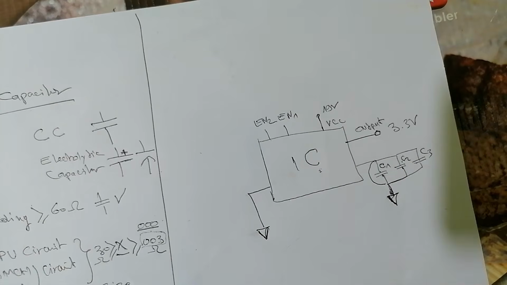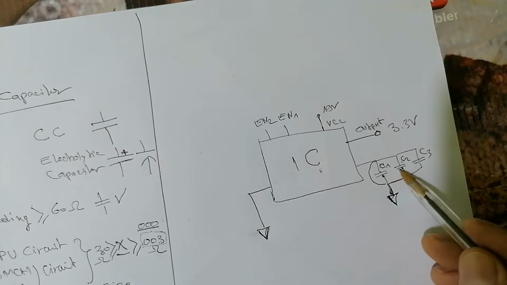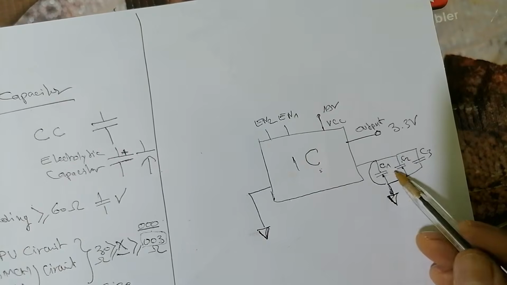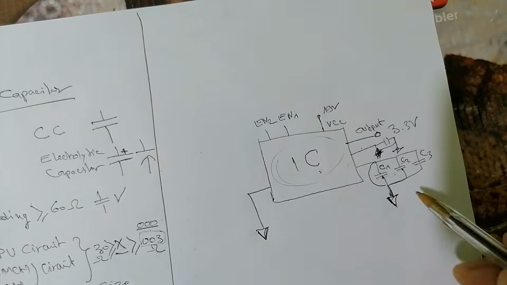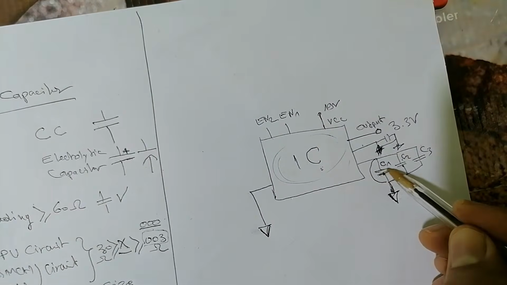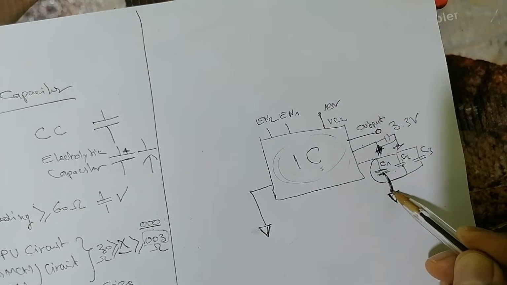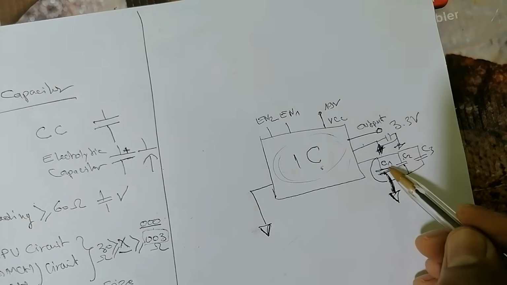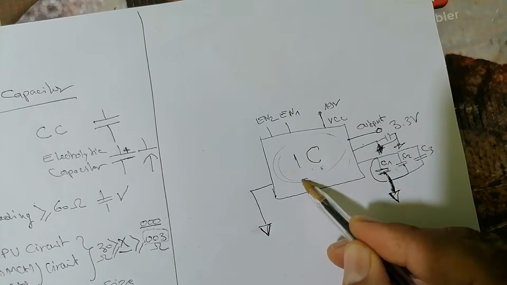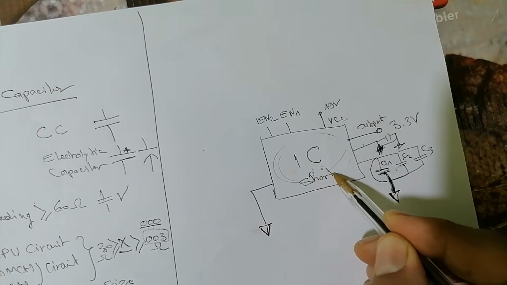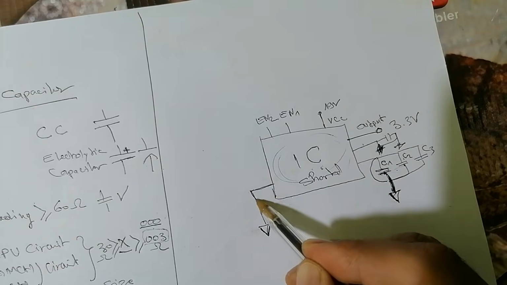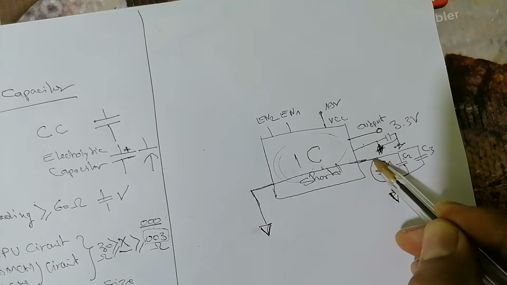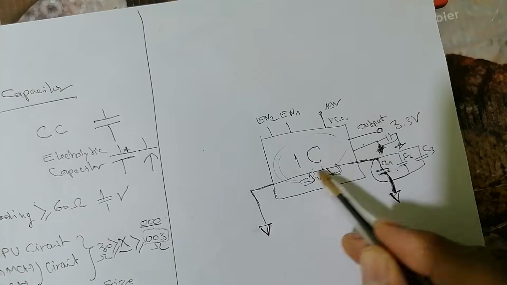Based on my experience, when I find many ceramic capacitors are shorted, it means the IC is connected to the ground, because this ceramic capacitor is connected to the ground on this side, and when the IC is shorted, this is what happens. The IC is connected to the ground on this side and also the ceramic capacitor is connected to the ground.